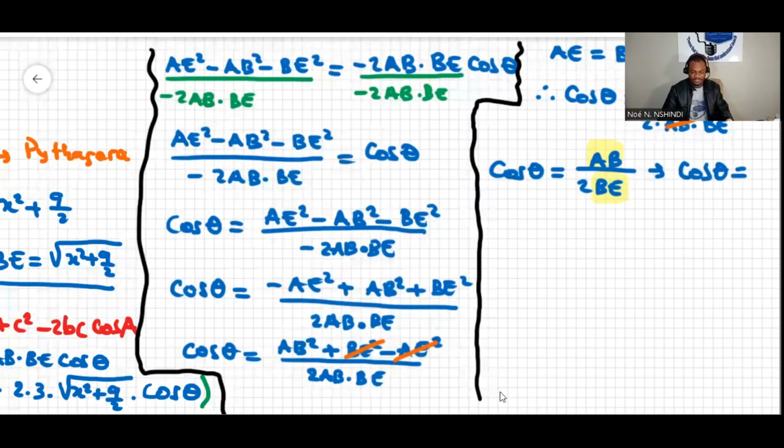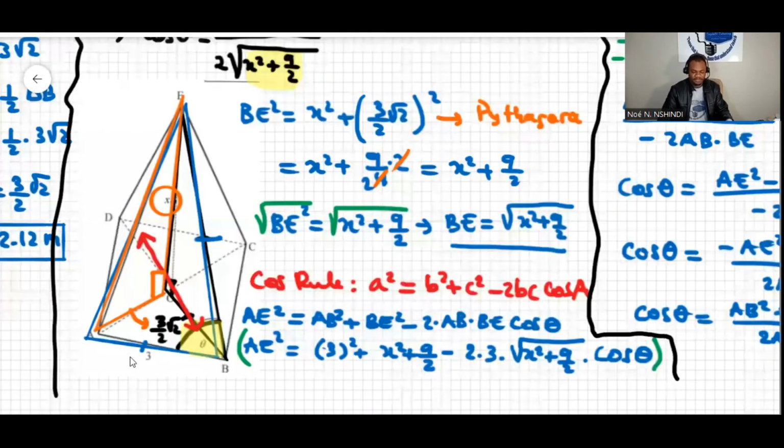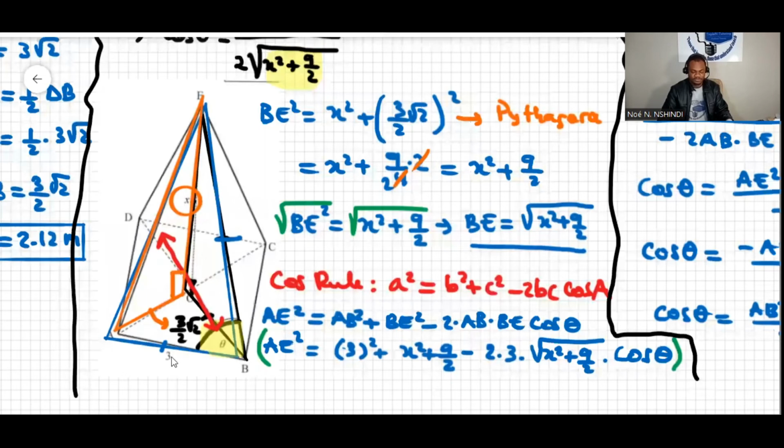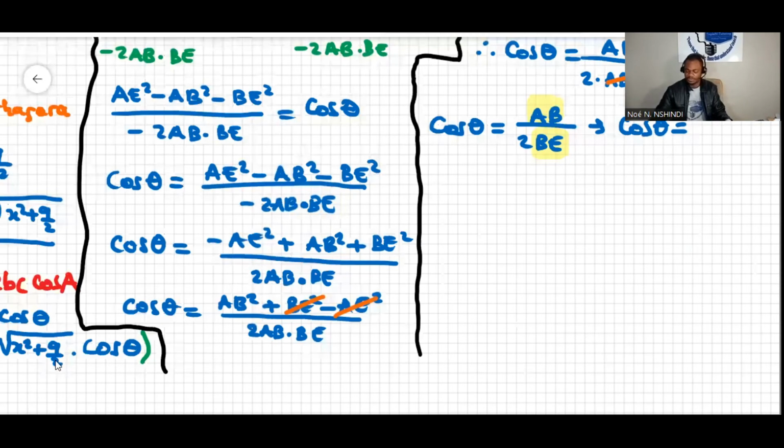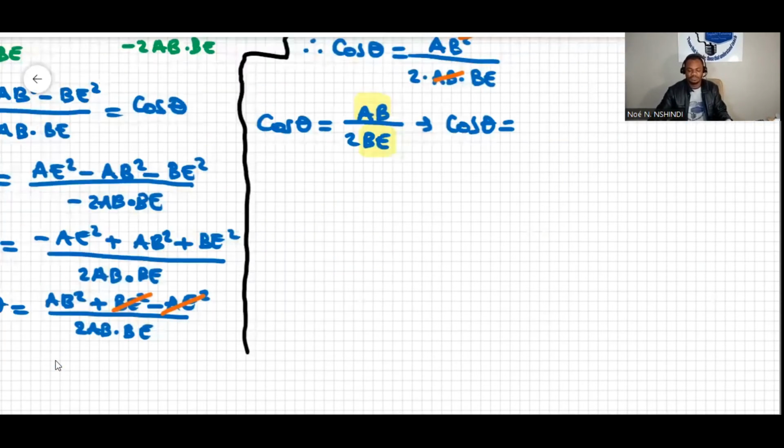AB is given as 3. AB is 3. And then BE, we calculated BE is square root of x squared plus 9 over 2. So that's what we have. So AB is 3, and then 2 square root of x squared plus 9 over 2.